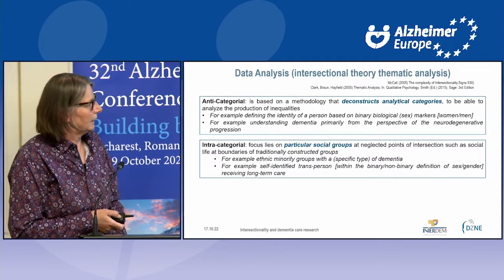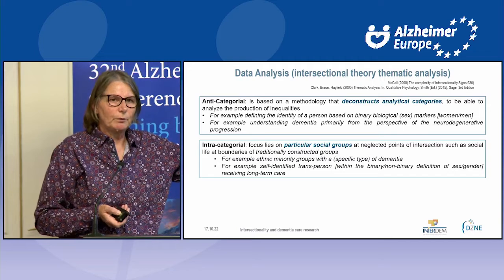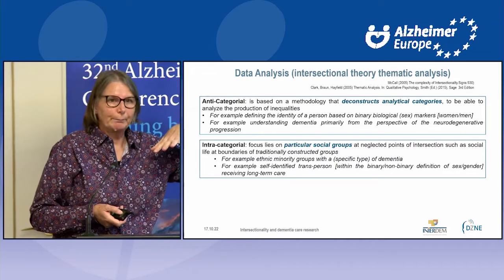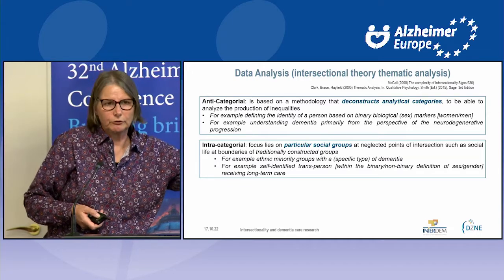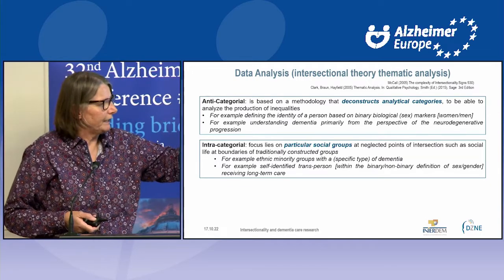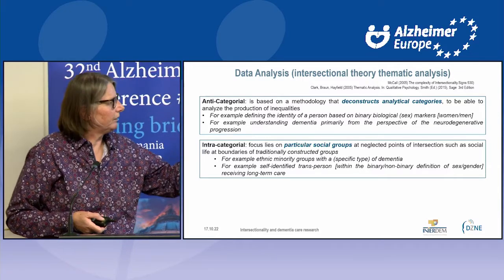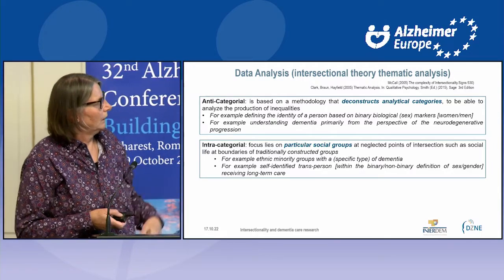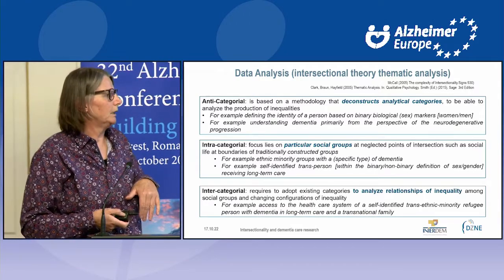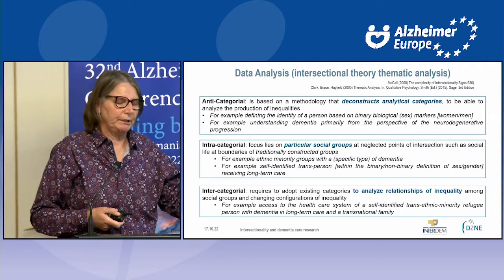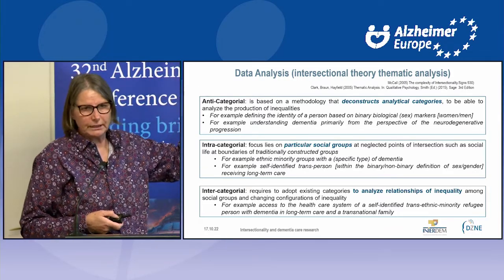The intra-categorial could be, as you recall from the Alzheimer Europe paper, they were saying there are also subgroups, but then the question is, within the subgroups, is there overlapping heterogeneity? And then to identify how this heterogeneity or the homogeneity can be defined, because that's the relation. And then the last one is more like, how do I self-define myself and how I might be defined from the outside? But you already can see we're talking on different kinds of levels.